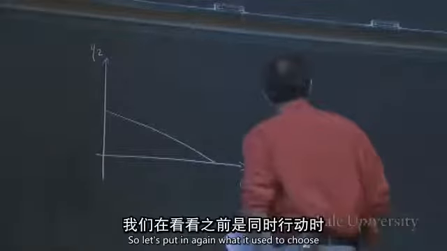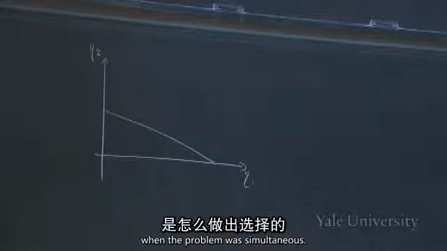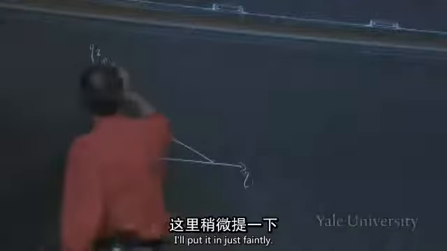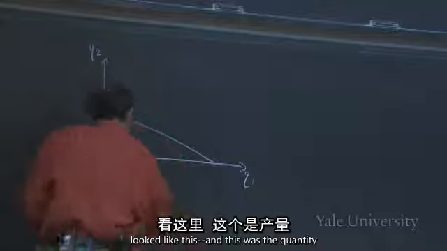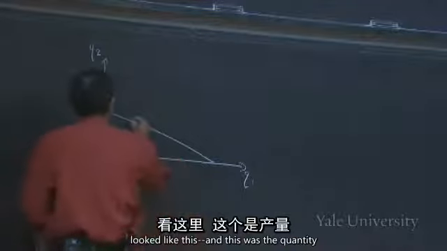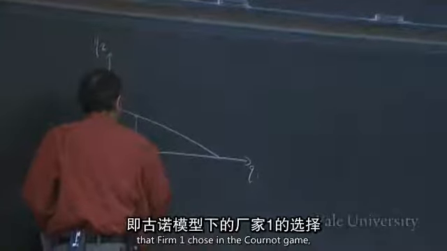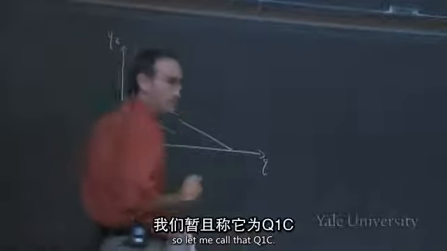All right, so let's put in again what it used to choose when the problem was simultaneous. I'll put it in just faintly. So here's our old Cournot picture. Looked like this. All right, and this was the quantity that firm 1 chose in the Cournot game. So let me call that Q1C.